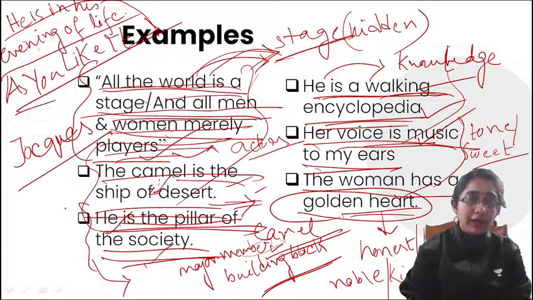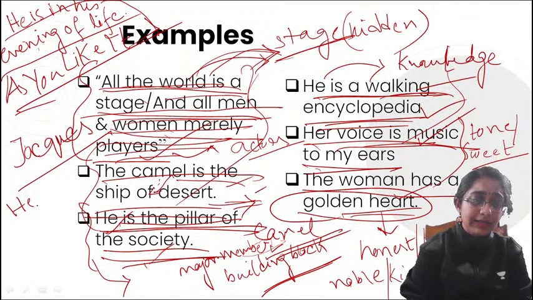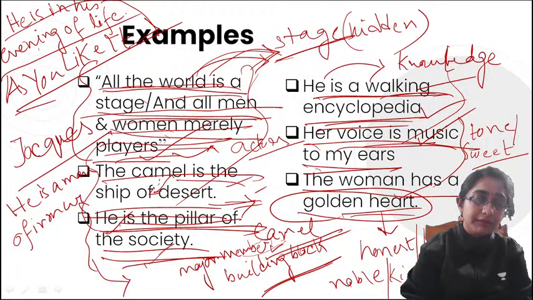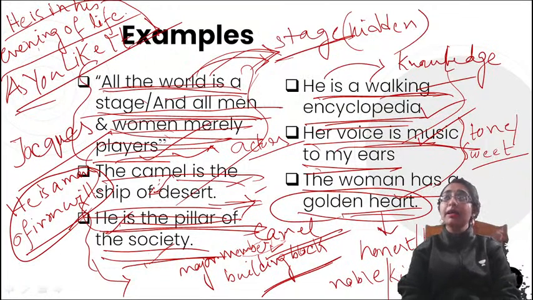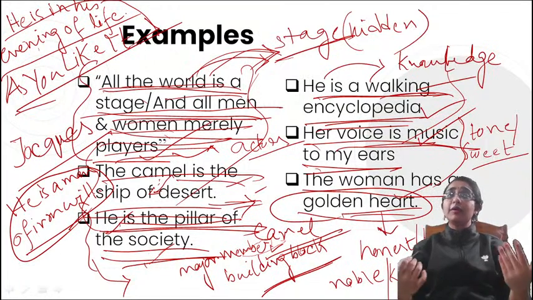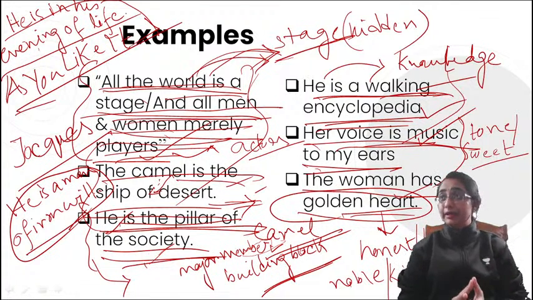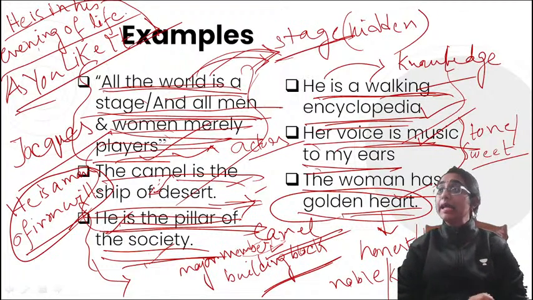Another example you can take: he is a man of iron will. Now what does that mean? We consider iron a very strong, very heavy metal, right? So his willpower is like that of iron.